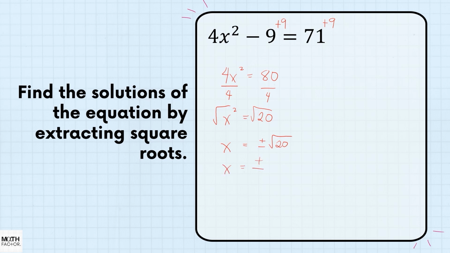And that is the square root of 4 times 5. So the square root of 4 is going to be 2. Then 5 will stay inside the radical symbol. Therefore, the solution of our quadratic equation is positive negative 2 square root of 5.